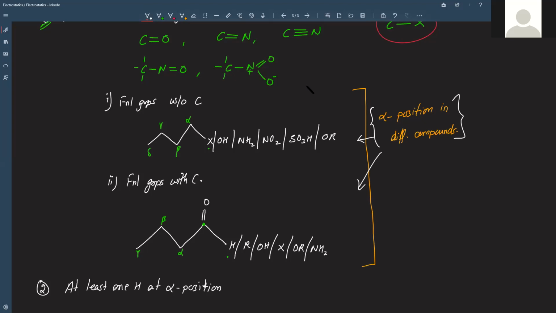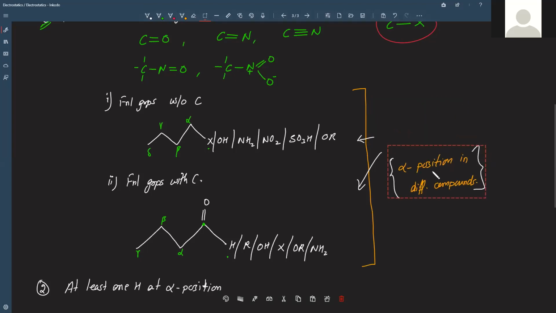There are two parts here: alpha position in different compounds, that is without carbon and with carbon. Sorry. Thanks. Okay. It is for both.